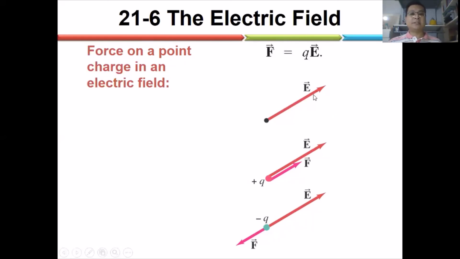Please refer to the formula. So the sign of Q influences the direction of the electric force relative to the electric field.